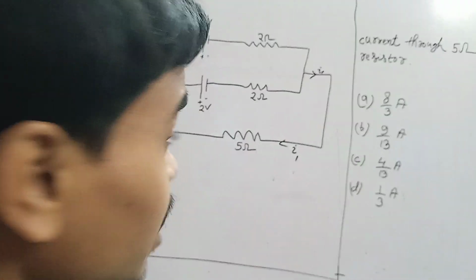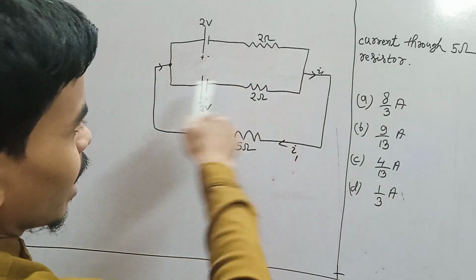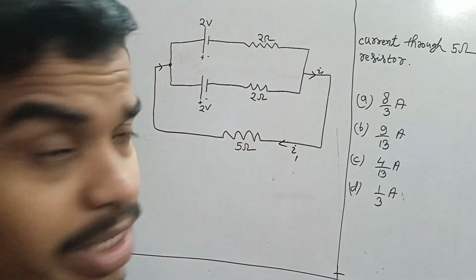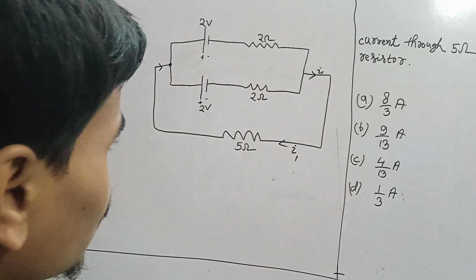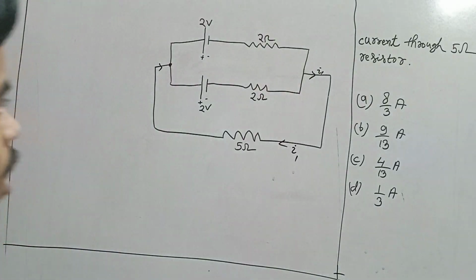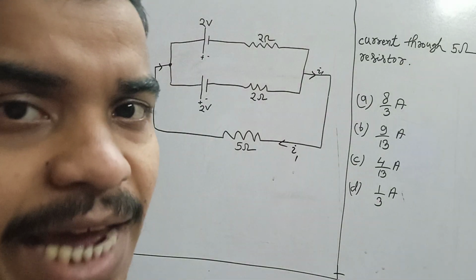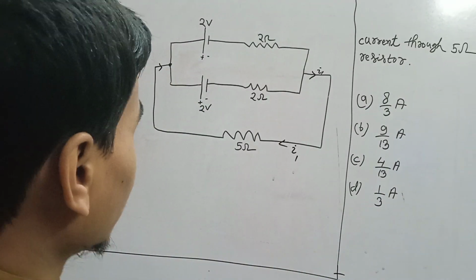Basically, here we see two loops. So to find the current through the 5 ohm resistor, we have to apply the KCL and KVL rules. Now this is the point.